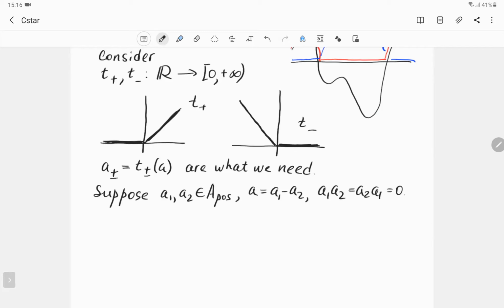So we want to show that A1 equals A plus and A2 equals A minus. So let's introduce some notation. We denote by the absolute value of A the sum of A plus and A minus. So equivalently, this is the absolute value function applied to A.